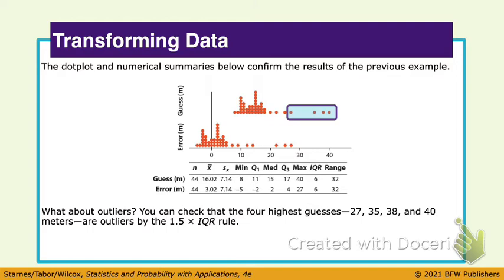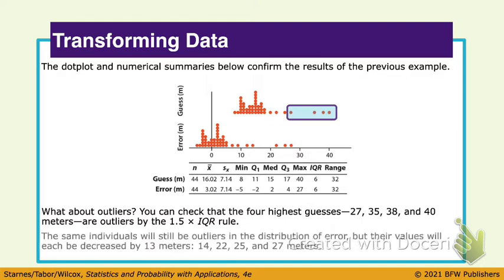Again, when I move all this data down, I'm still going to have the same distance for my IQR. So the 1.5 IQR rule is still going to identify the same numbers that are 1.5 IQRs away from Q3 and from Q1.